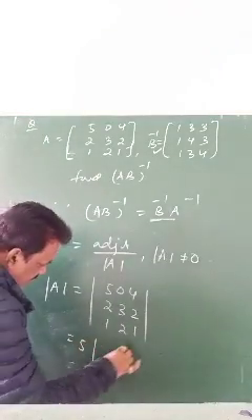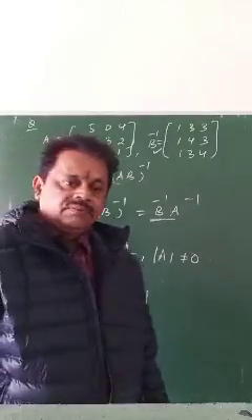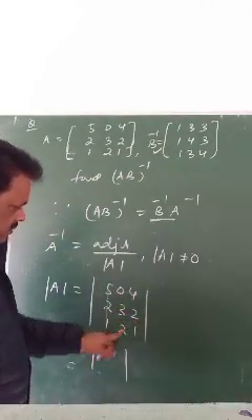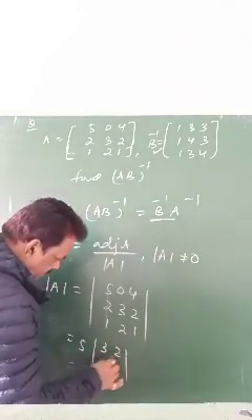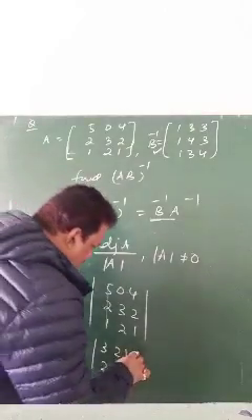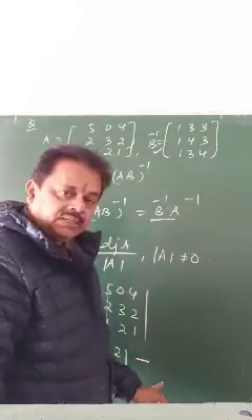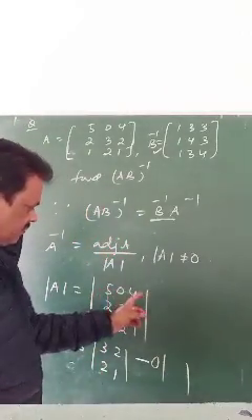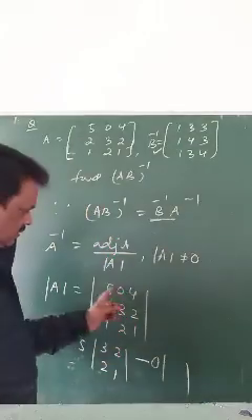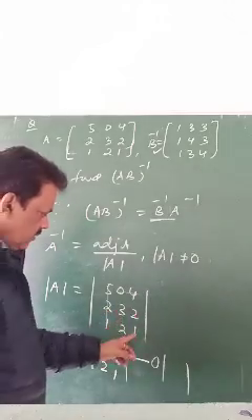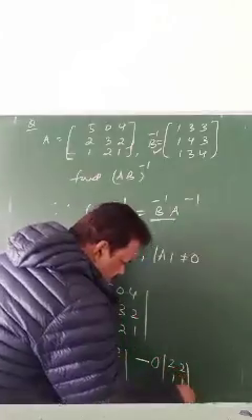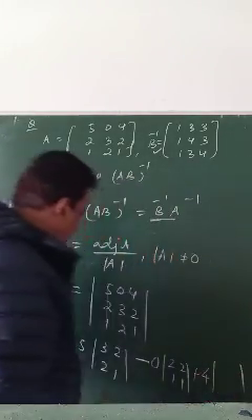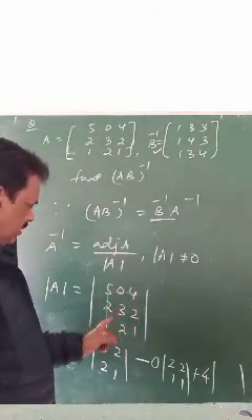That is 5 times its minor. For 5's minor you have to forget the 5 line: 3 2, 2 1. Minus. First term is plus, then minus. 0 times is minus; 0 line you forget: 2 2, 1 1. Plus 4 times 2 3, 1 2.